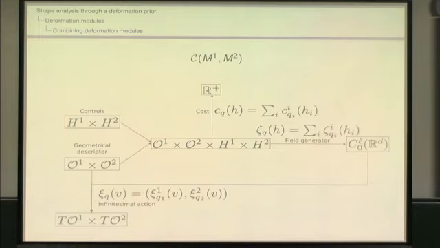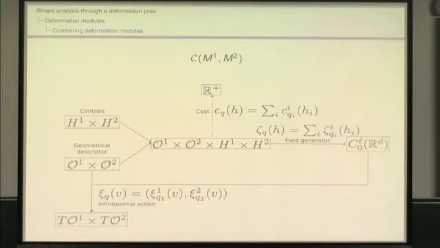The infinitesimal action takes in input one vector field and will apply it to geometrical descriptors that have two components. It will apply it to the first component thanks to the first infinitesimal action, and to the second component thanks to the second infinitesimal action given by the second deformation module. And we take the cost, the sum of the costs. So this is an easy way to automatically combine two deformation modules.